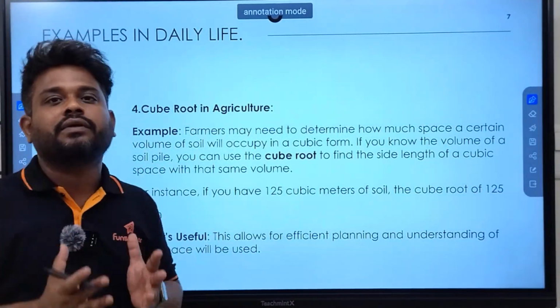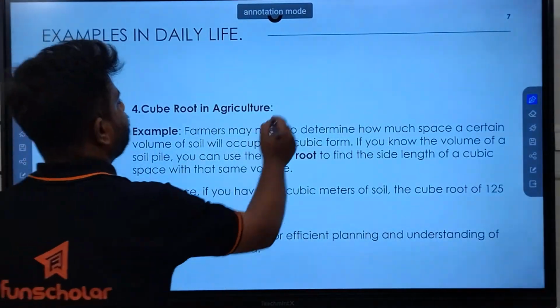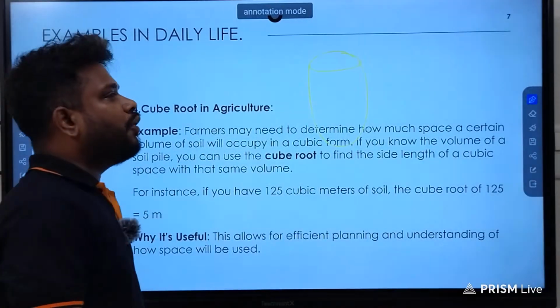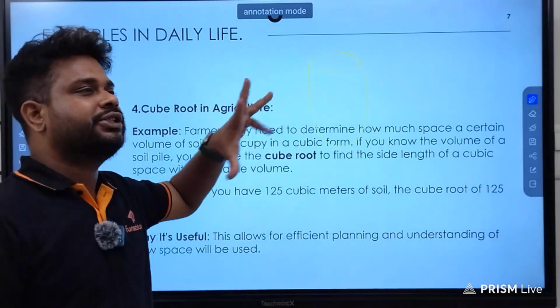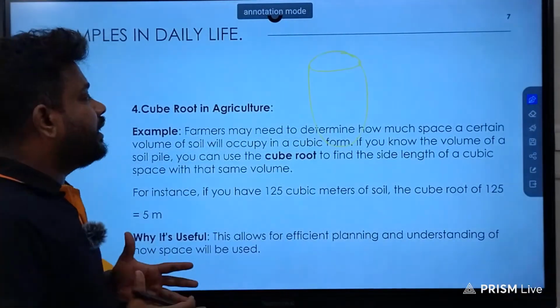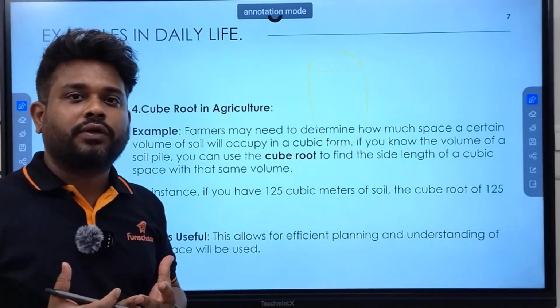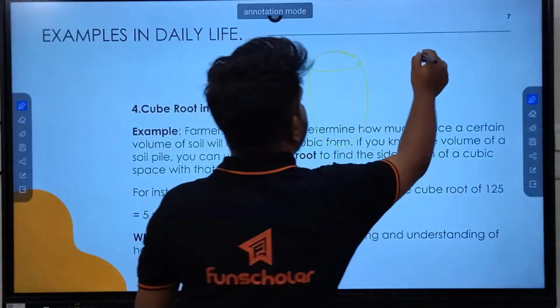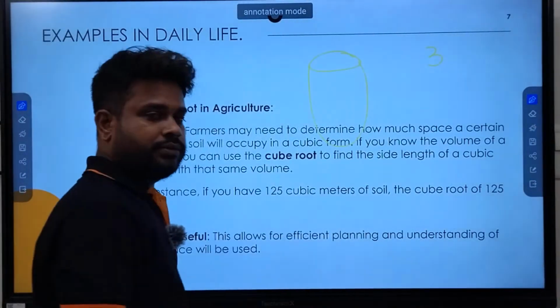So basically, when we are considering volumes, if this one is a packet, how much soil or how much of anything will be filled in this can be calculated by finding out the volume. And to find the volume we generally need cubes or cube roots.